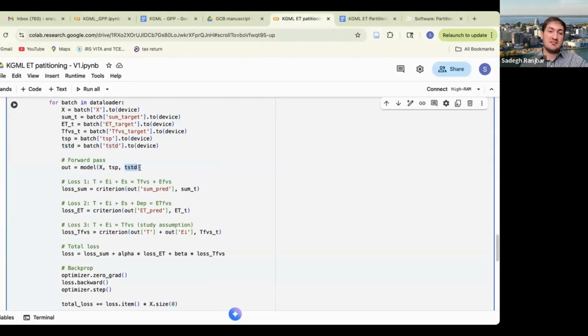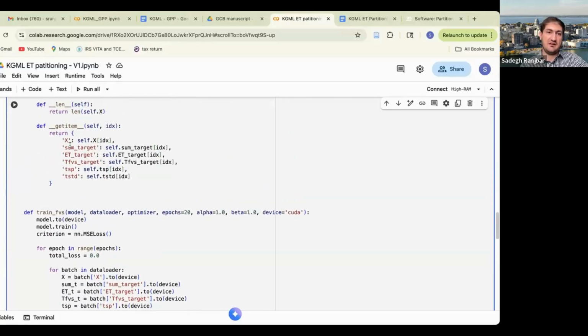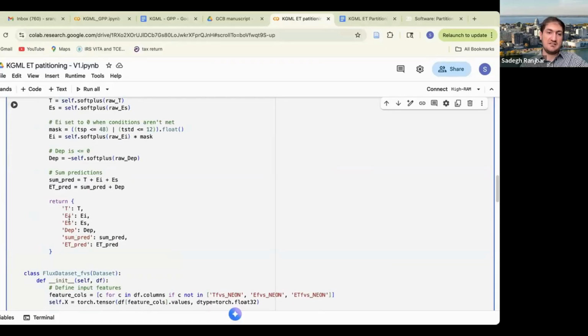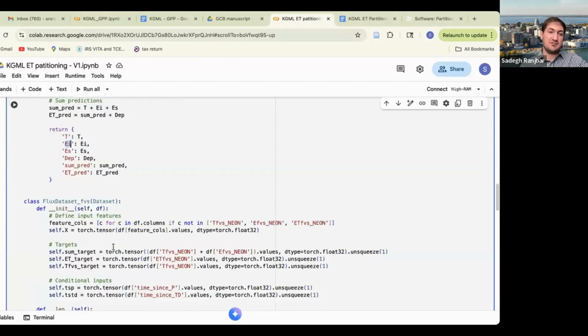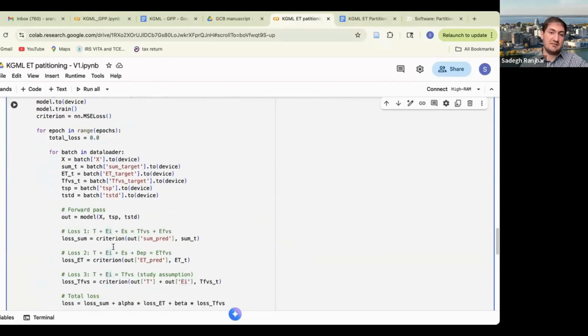When we start training on these, it gives us the outputs that we defined here: transpiration, intercepted evaporation, surface evaporation, and those variables.